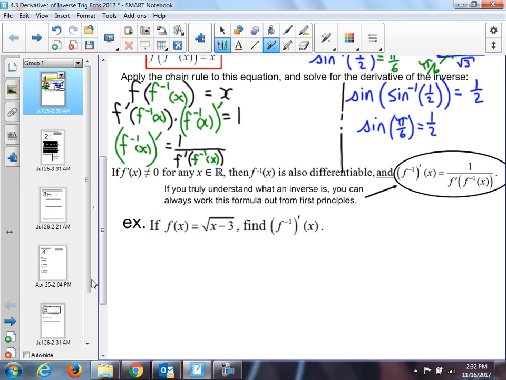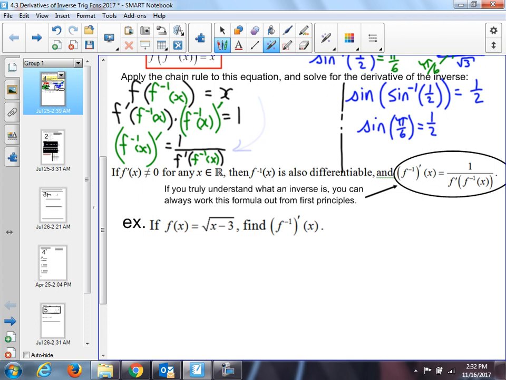You could memorize this formula, but I suggest that for this chapter, if you don't have it fresh in your head, work it out from first principles several times. Like, oh, I've got an inverse problem, write this down, come up with the formula. By the time May comes around, we're going to have a lot of formulas to memorize.